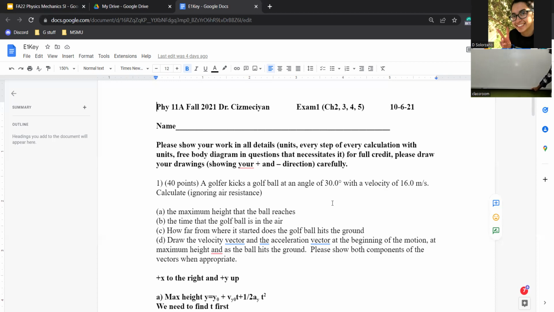So then we have 0 meters per second is equal to 16 meters per second sine 33 minus gravity, which is 9.8 meters per second squared.